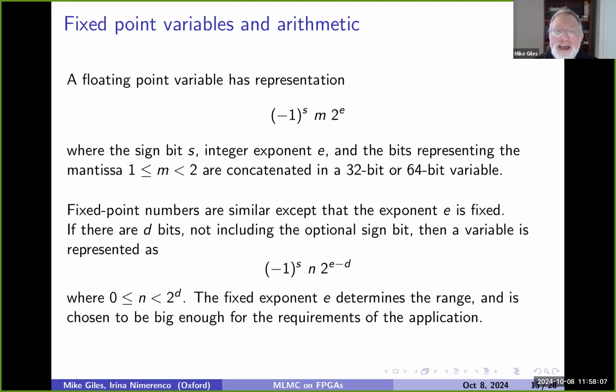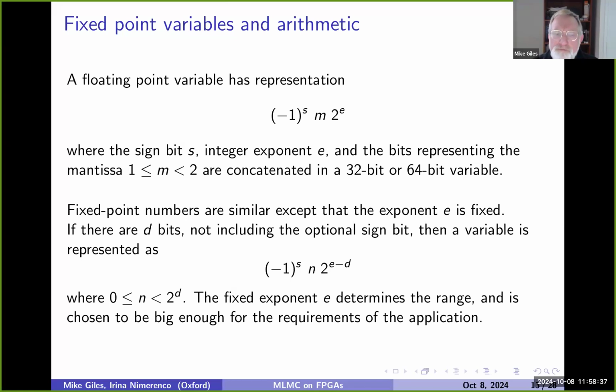You can take any floating point number and put it into this format. In floating point arithmetic, it's storing the integer exponent e as well as the mantissa m, and so the value of the exponent will change as the calculation proceeds. They're all stored together in a 32-bit or a 64-bit variable.